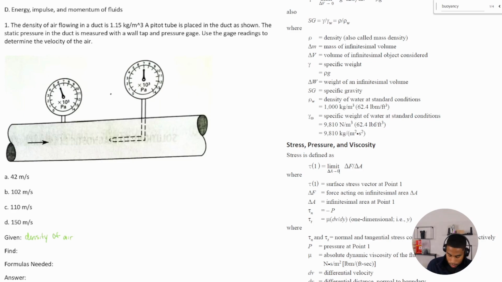We are also given pressure readings of the static pressure coming in and out.